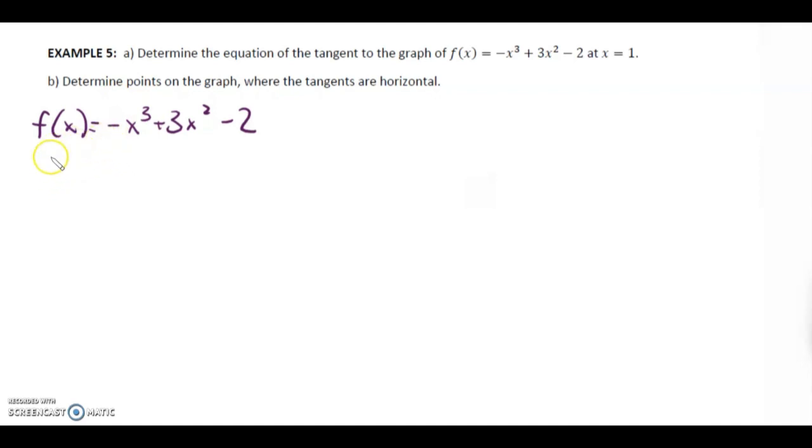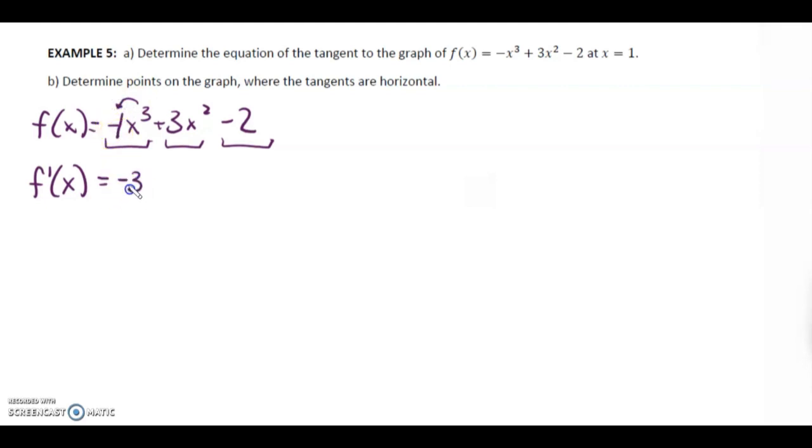What we're going to do is find the derivative of f of x. And how we're going to do that is we're going to find the derivative of each of its parts. Okay, so for negative x cubed, this is actually negative 1 x cubed. So let's bring down the 3 times negative 1.